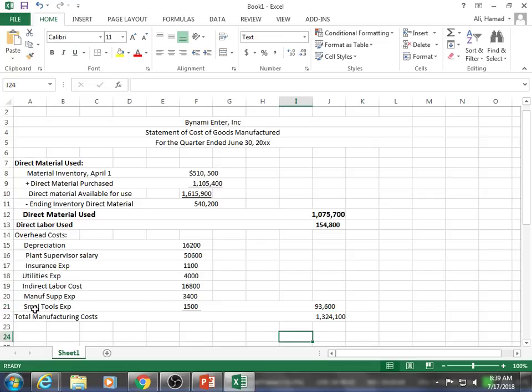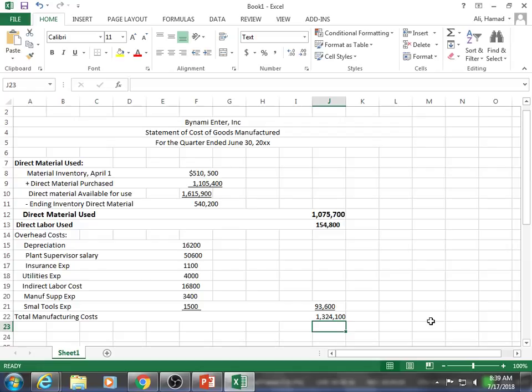Let me go back and put a line there. Okay, so that's not cost of goods manufactured yet.